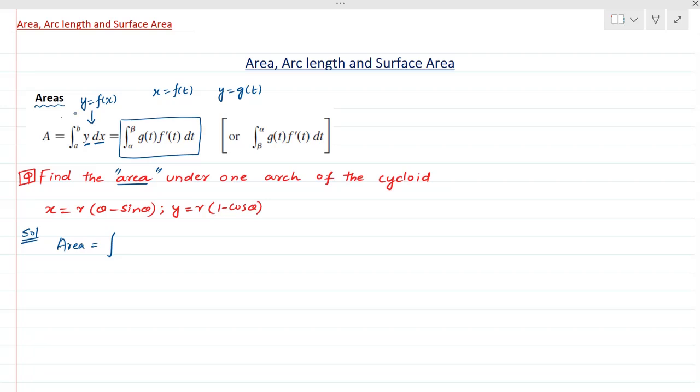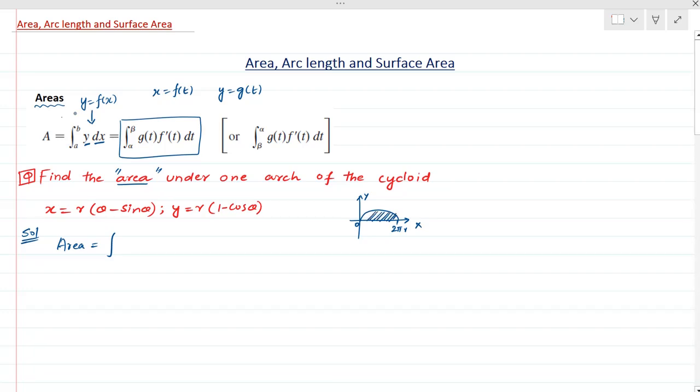For the cycloid, you will have 0 to 2 pi. So this is the x-axis, this is the y-axis, and the points are 0 to 2 pi r. So this is the cycloid form. So one cycloid, and the remaining goes to the next one.